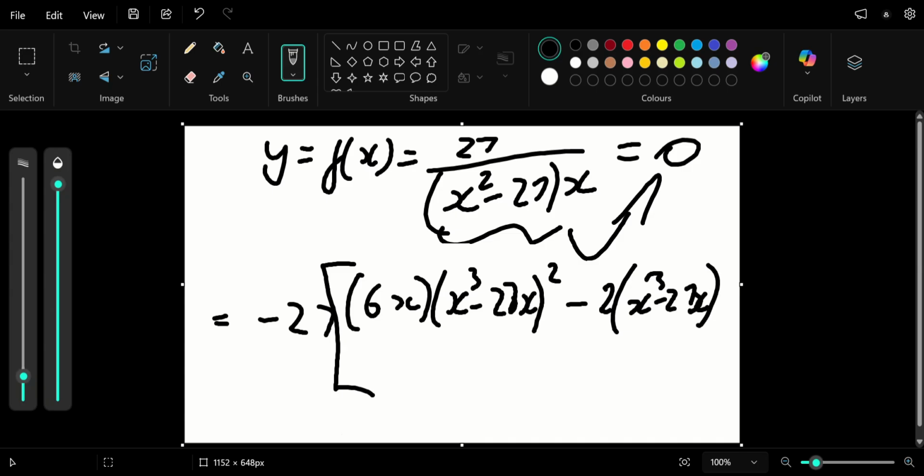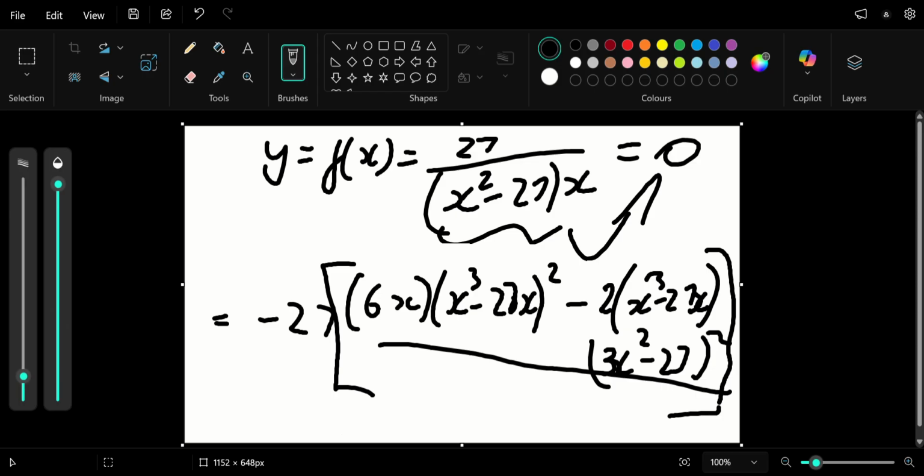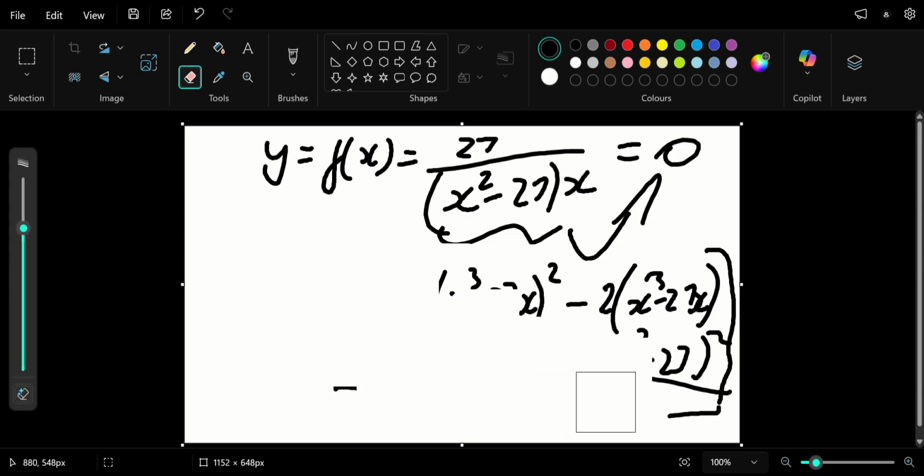So essentially you have x cubed minus 27x, and you'll also have two versions of 3x squared minus 27, but I'm not bothered enough to write both, so I'll just put that to the power of 2 and call it a day. That is your numerator altogether, but your denominator underneath all of that is of course the x cubed minus 27x squared.